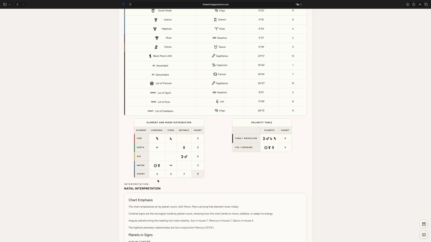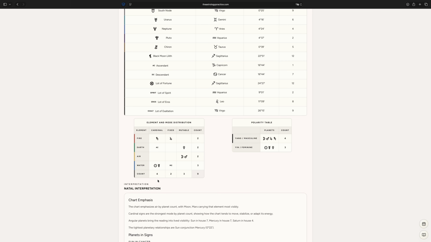A fixed planet will give you some staying power. Fixed signs are the most likely ones to see things through all the way to the end. I think some astrologers have the tendency to say that cardinal signs are only good for beginning things, and fixed signs are only good for maintaining things as they are, and mutable signs are good for finishing things or ending things or tidying things up.